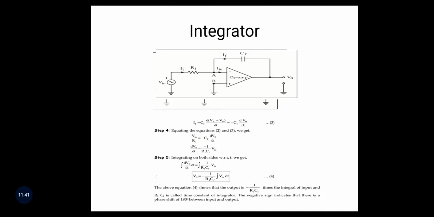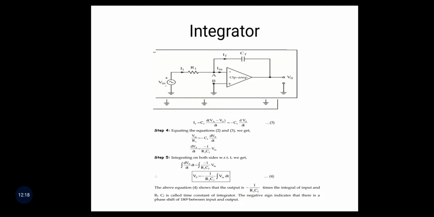IF is equal to CF into d(VA minus V0) by dt. Since VA equals 0, IF equals minus CF into dV0 by dt.